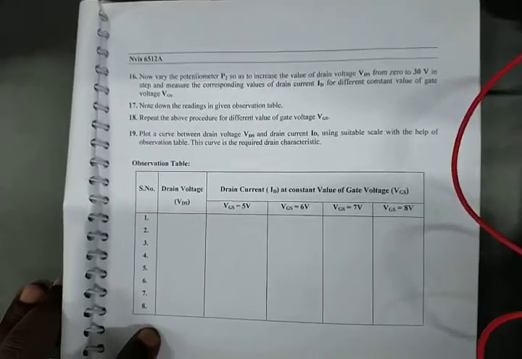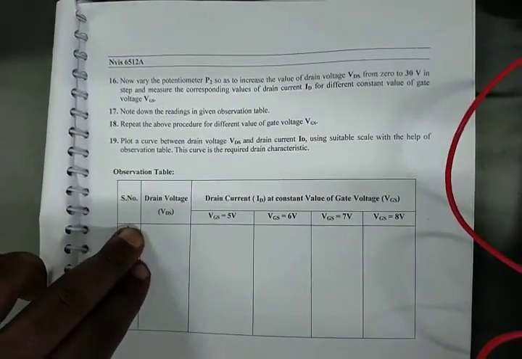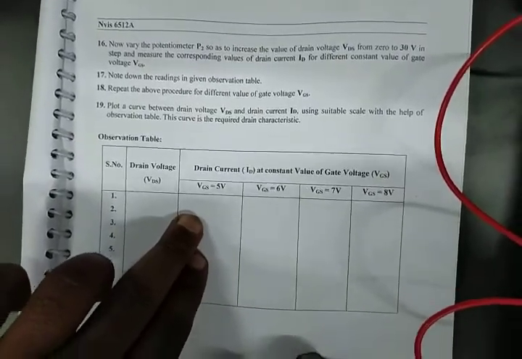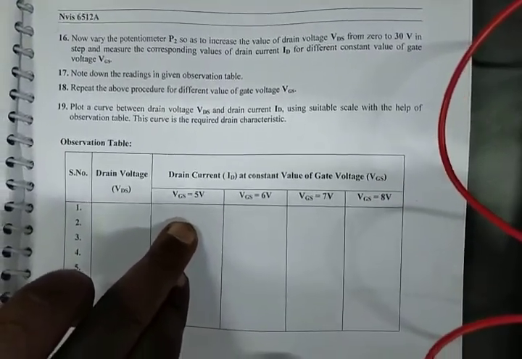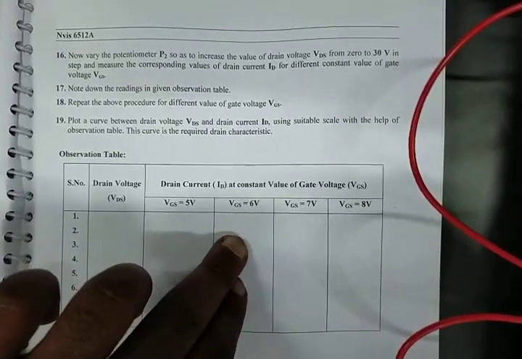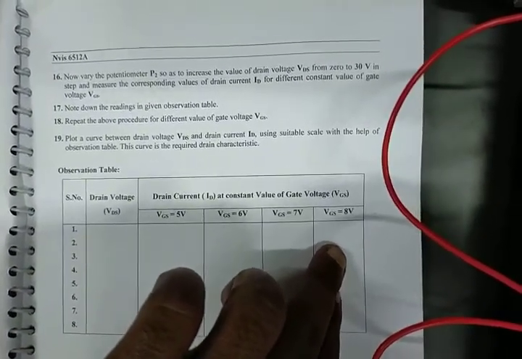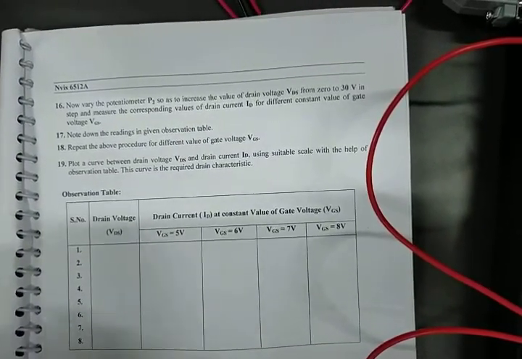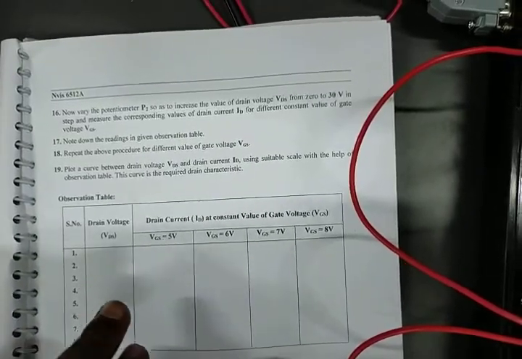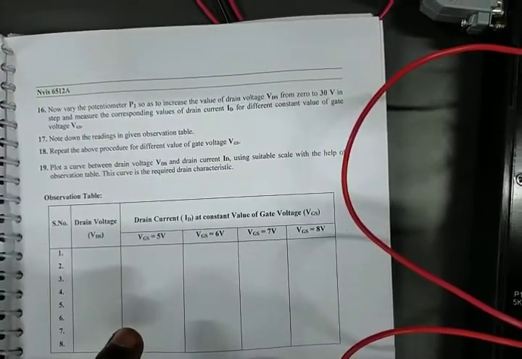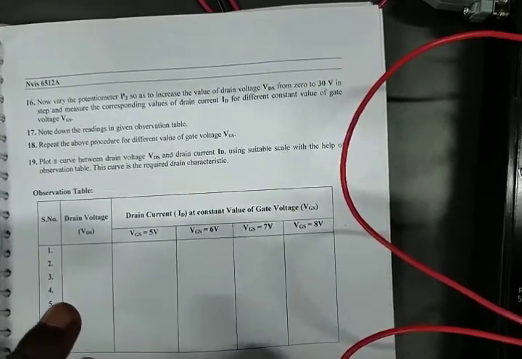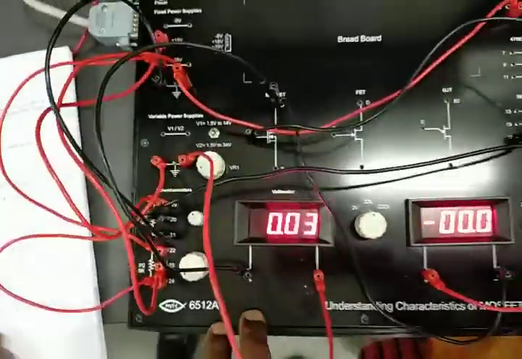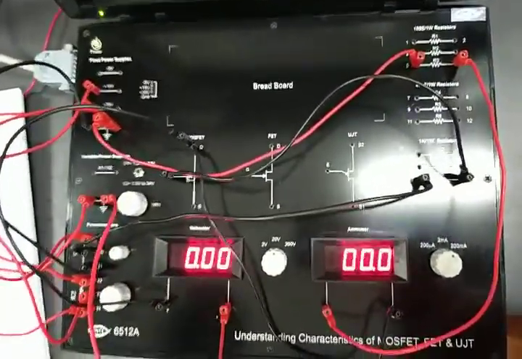Here we have to make the constant VGS at some values, let's say 5 volt, 6 volt, 7 volt or 8 volts, and we have to change the VDS, and we have to note the corresponding values of the ID, means drain current. So let's do the experiment.